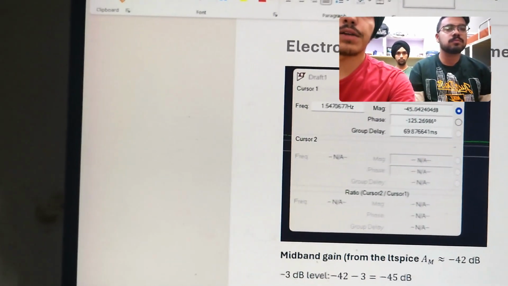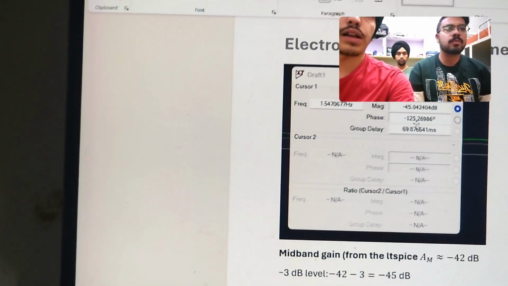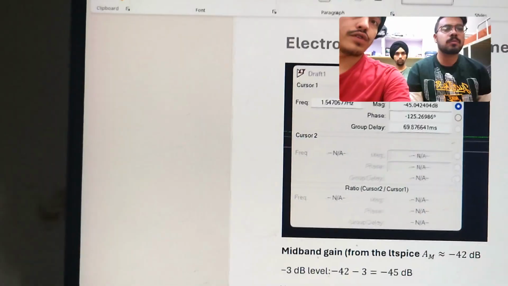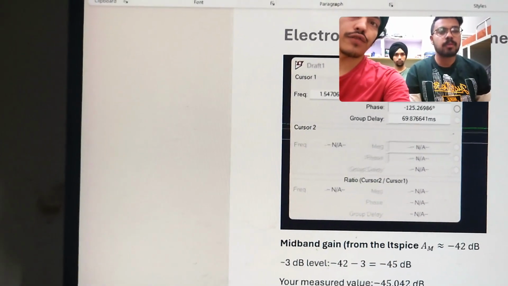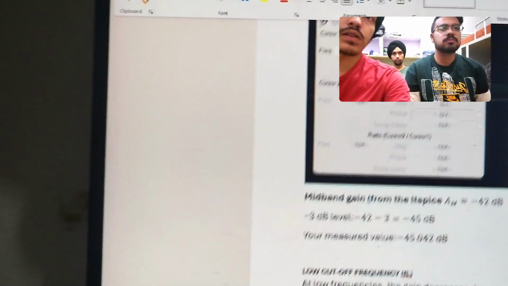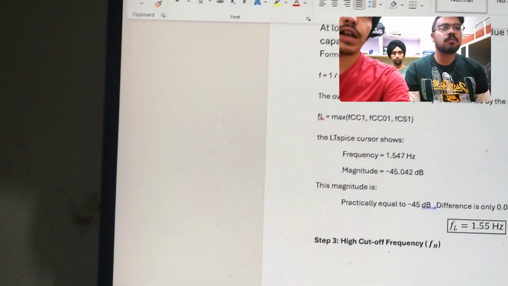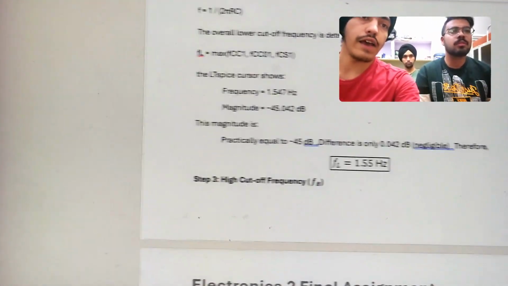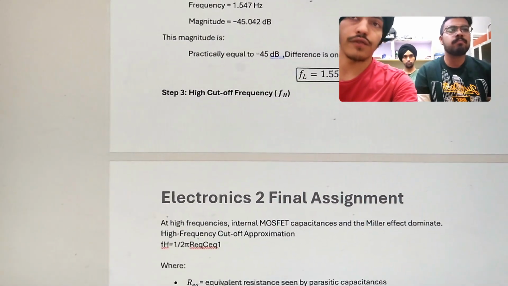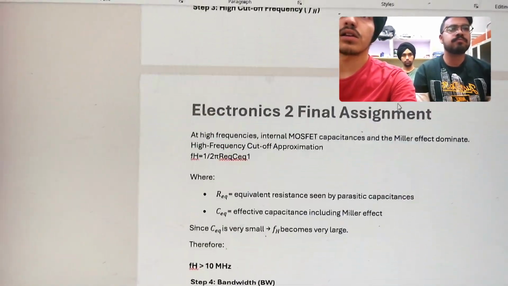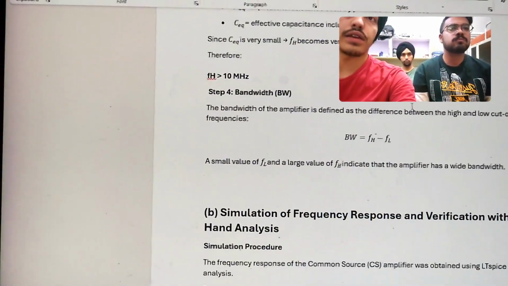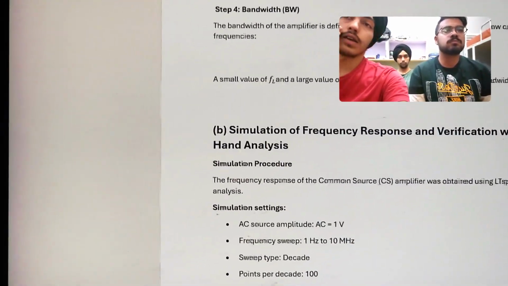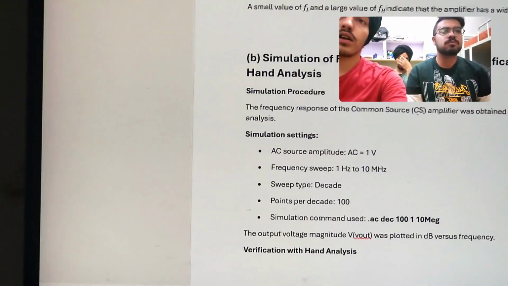Here we get the mid-band gain of 42 decibel, and the minus 3 decibel level, which means 42 minus 3, approximately 39. And finally we get the lower cutoff frequency FL as 1.55 hertz. Now the higher cutoff frequency is based on the formulas. Now next.